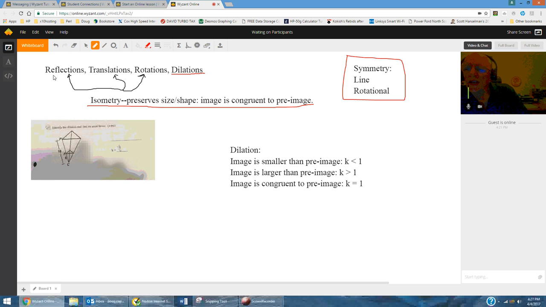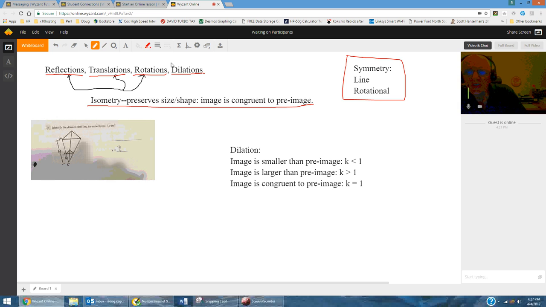And so I've drawn arrows to these first 3. A reflection, a translation, and a rotation are isometries. They move a shape to a different spot in the coordinate plane, but the size and shape of the image that's generated is congruent to the pre-image. For a dilation, that's not the case.